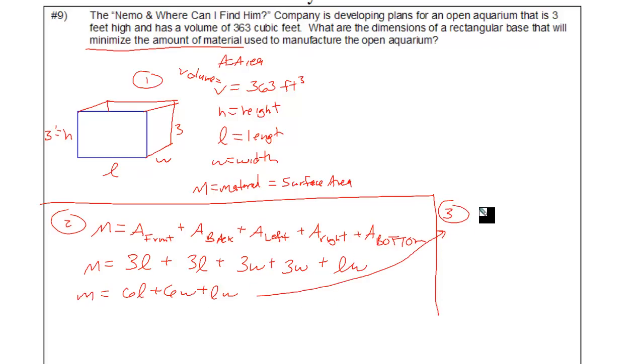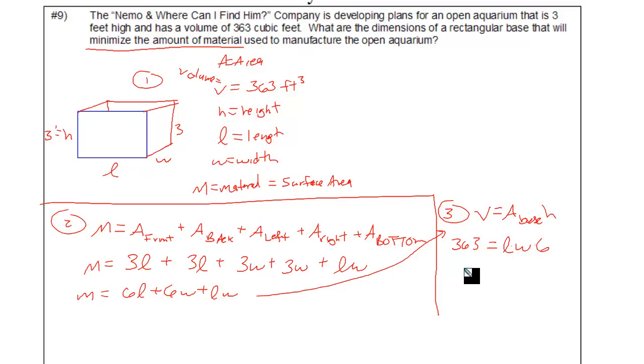So I'm going to use the volume formula. Volume is the area of the base times the height. Our base is a rectangle, length times width, and our height is 6, we're told. And we're told the volume is 363 cubic feet.